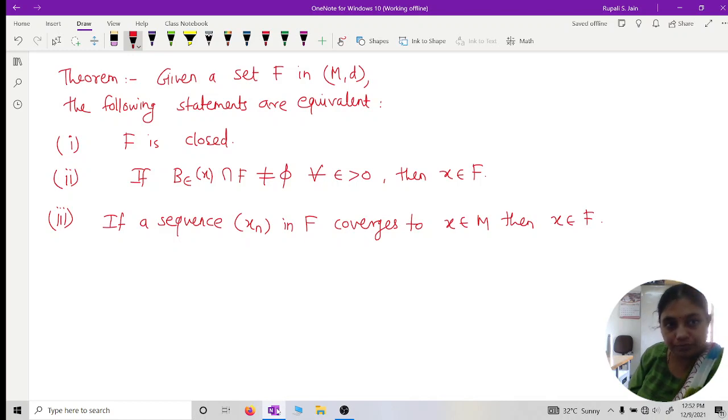Okay, so we want to prove these three statements are equivalent to each other. Equivalent means 1 implies 2, 2 implies 3, and 3 implies 1.